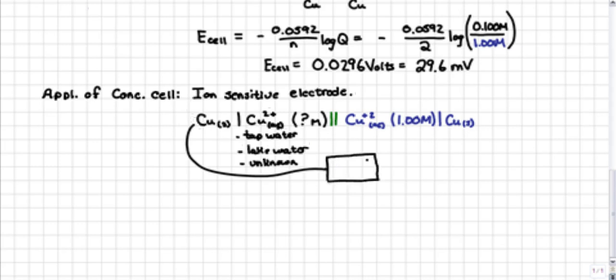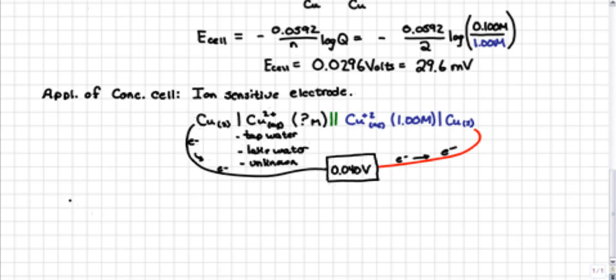And as I've said before, the electrons move through the wires in that fashion. And what we observe on the voltmeter face is 0.040 volts of electrical pressure. And this is an important piece of information that we can now use to determine the unknown concentration of copper ions in the tap water, or lake water if you like.